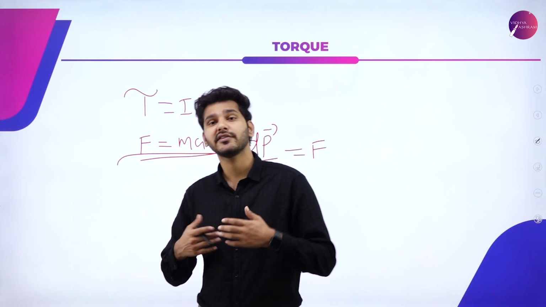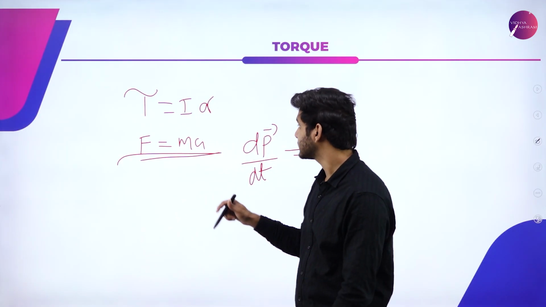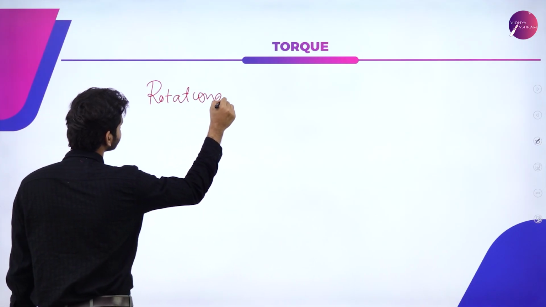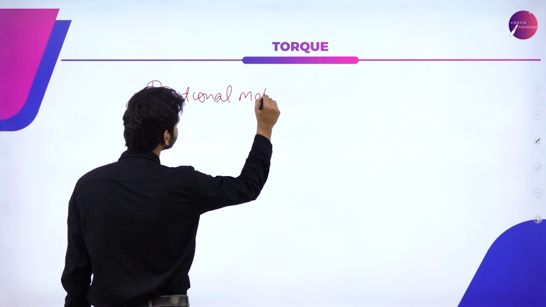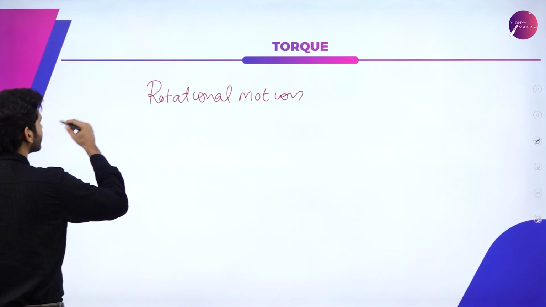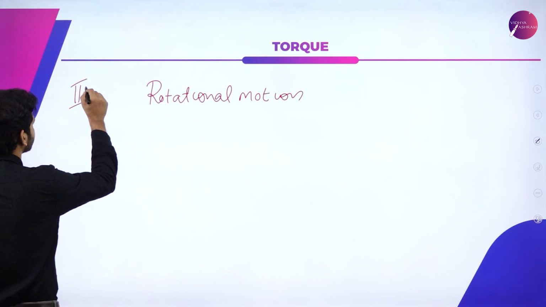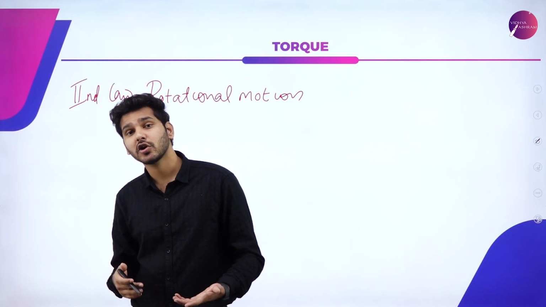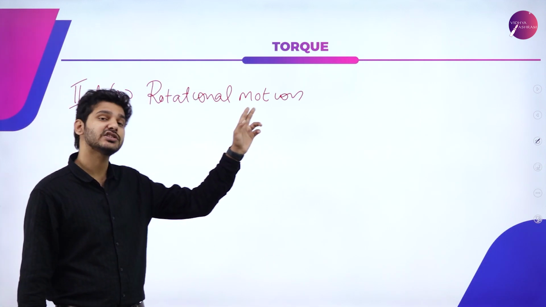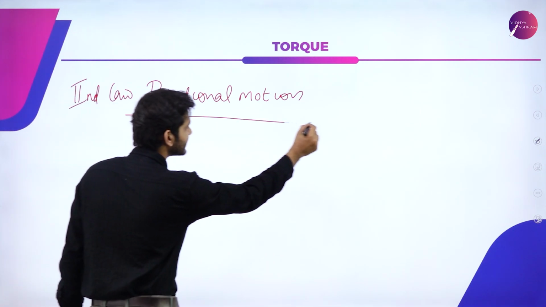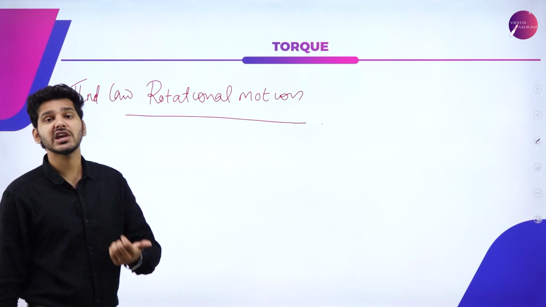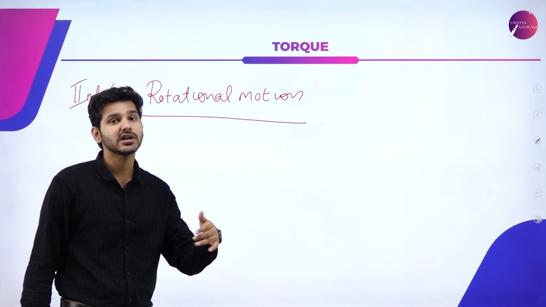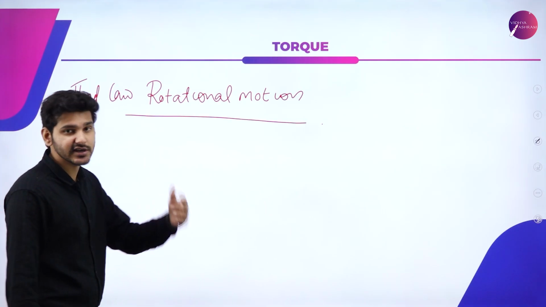So we can actually define the second law of rotational motion, or simply we can say that the rate of change of angular momentum will be equal to the net external torque applied.